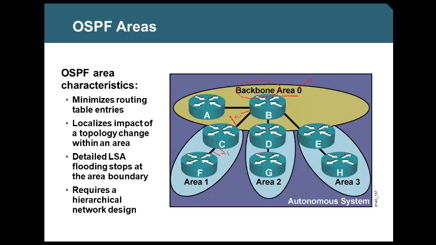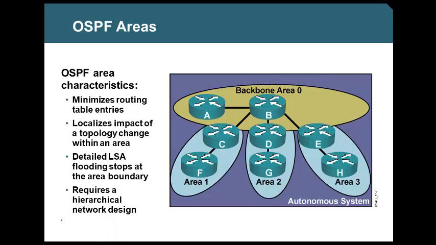And now routes of area 1 will be shared to area 0 only. If this is area 100, C will not share the routes. Area 1 routes will not be shared to area 100. Only to 0 it is designed to give. And from 0, it is designed to give to other areas.